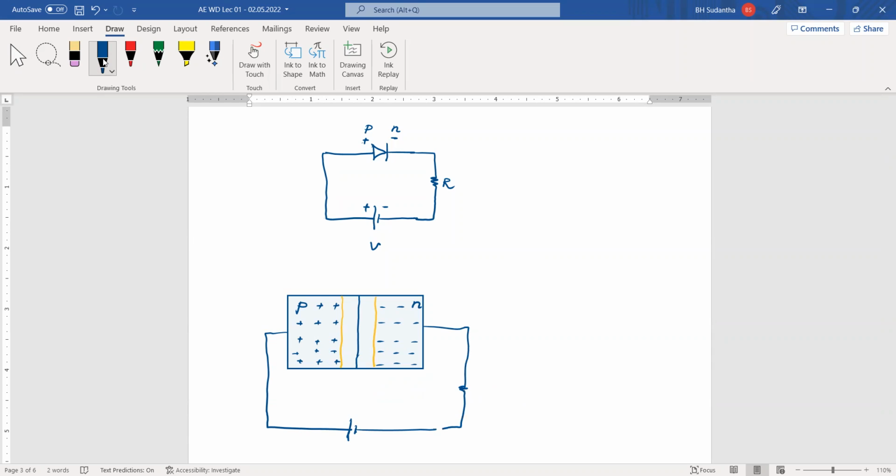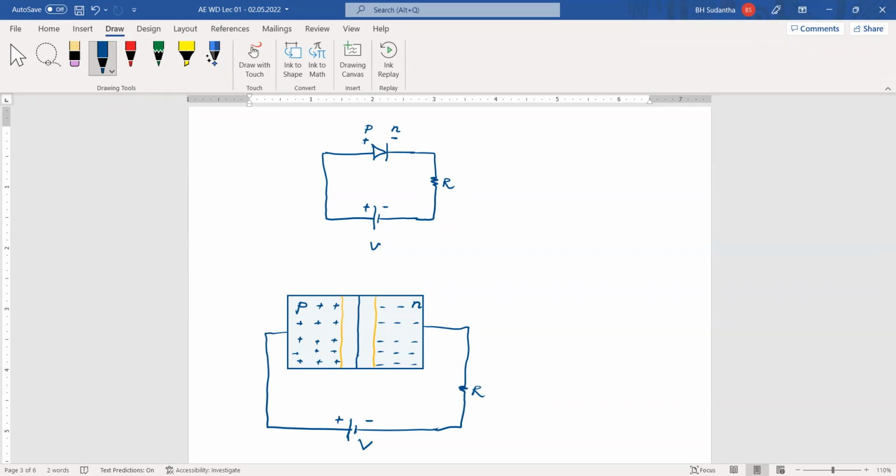There is a small resistor, just forget about this one. This is the voltage source, with the positive side here and the negative side here. From this side, what is available to this terminal? The positive charges. The positive charges are coming from the battery and will gather here.